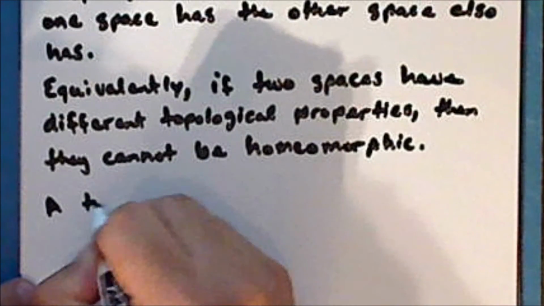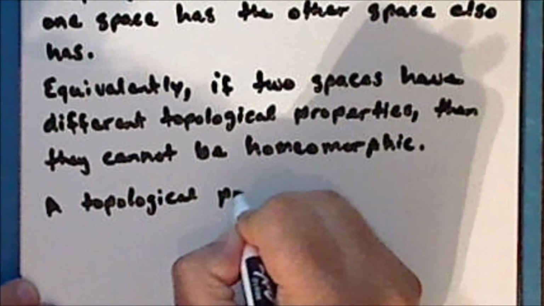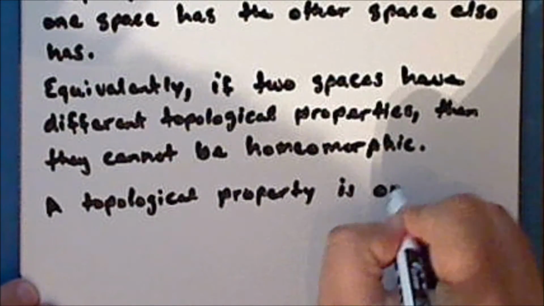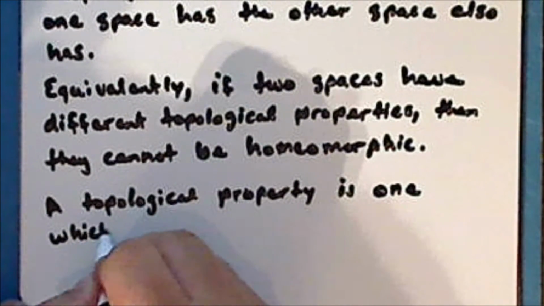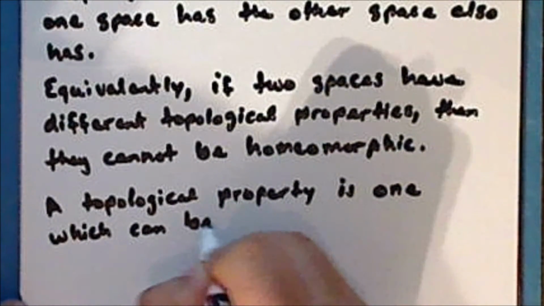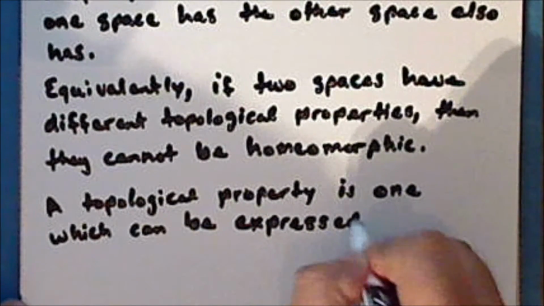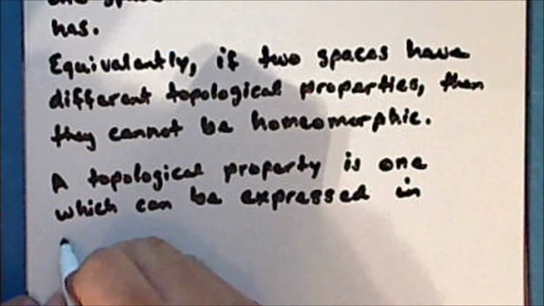Now, a topological property is one which can be expressed in terms of points and sets.